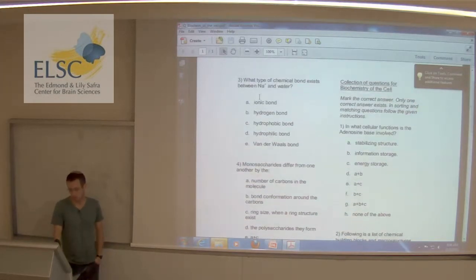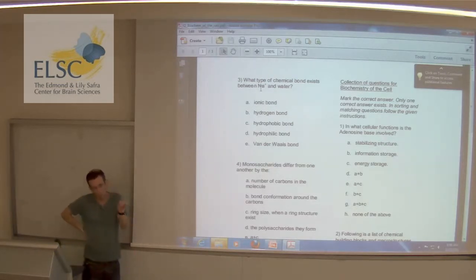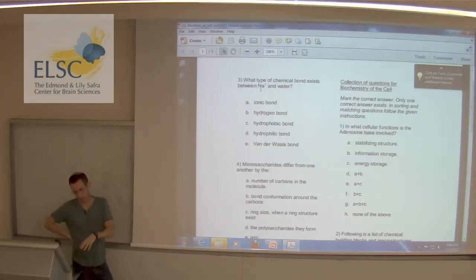Question 3. What type of chemical bond exists between sodium and water? When you pour sodium, whether it comes from a salt or not, never mind, when a sodium ion charged with one plus charge meets water, what kind of interaction does it undergo? What do you think? Hydrogen bond?